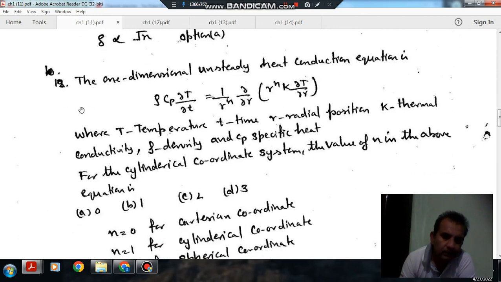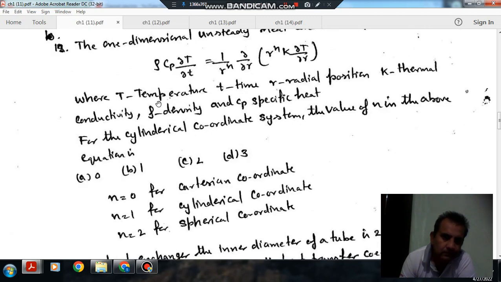Next, the one-dimensional unsteady heat conduction equation is rho Cp dT by dt equal to 1 by r to the power n, d by dr of r to the power n k dT by dr, where T is temperature, t time, r radial position, k thermal conductivity, rho density, and Cp specific heat.